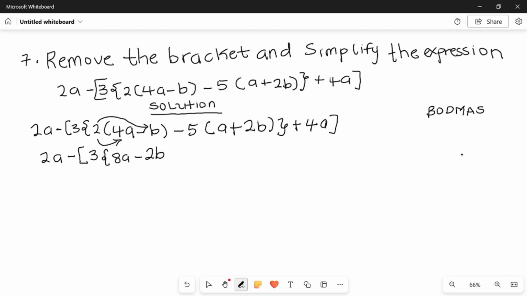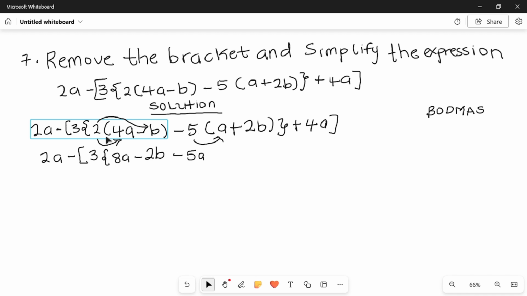So now 5 times a will give us minus 5a, and minus 5 times a will give us minus 5a. This minus will times the plus here to get minus, and 5 will times a to get 5a.